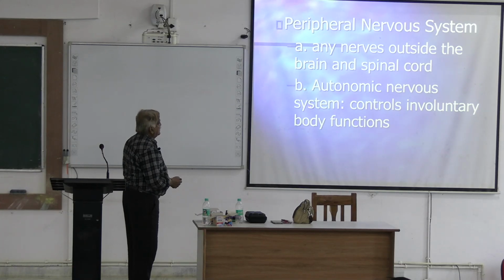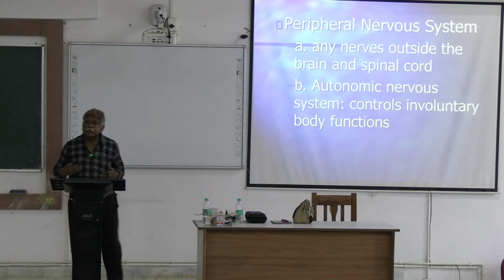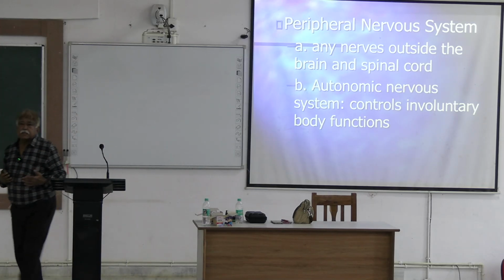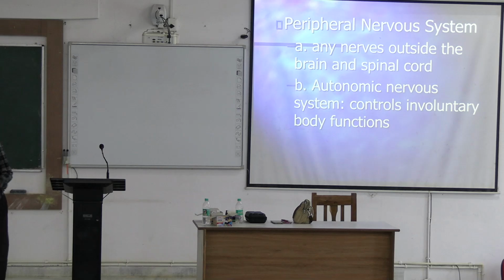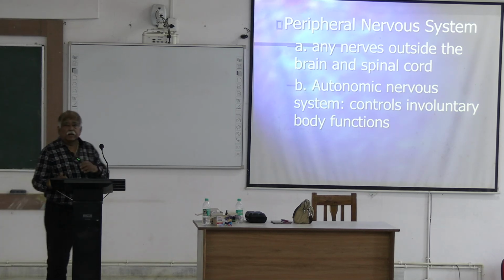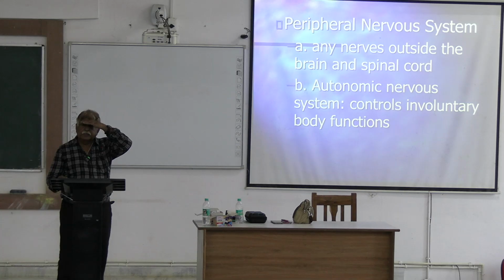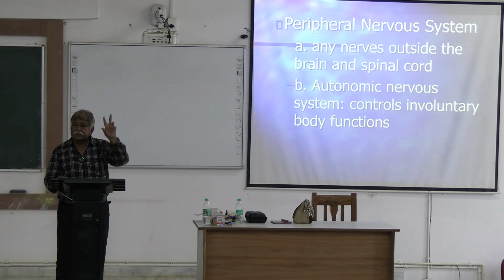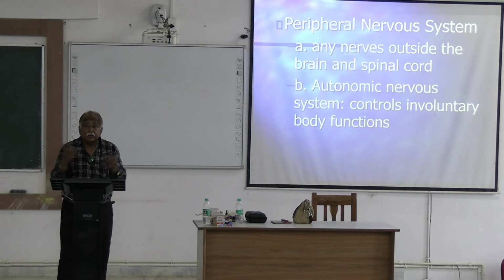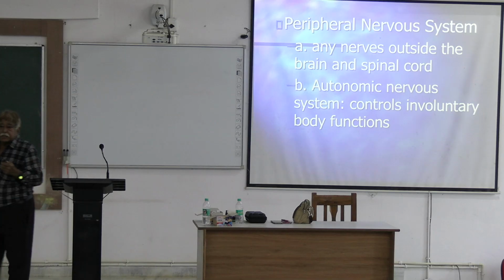The autonomic nervous system controls the involuntary body functions. You don't feel it, but your gastric juice is secreted. There are other actions too. Like, I'm seeing you, and if there is too much light, the pupil constricts, but you cannot feel it.